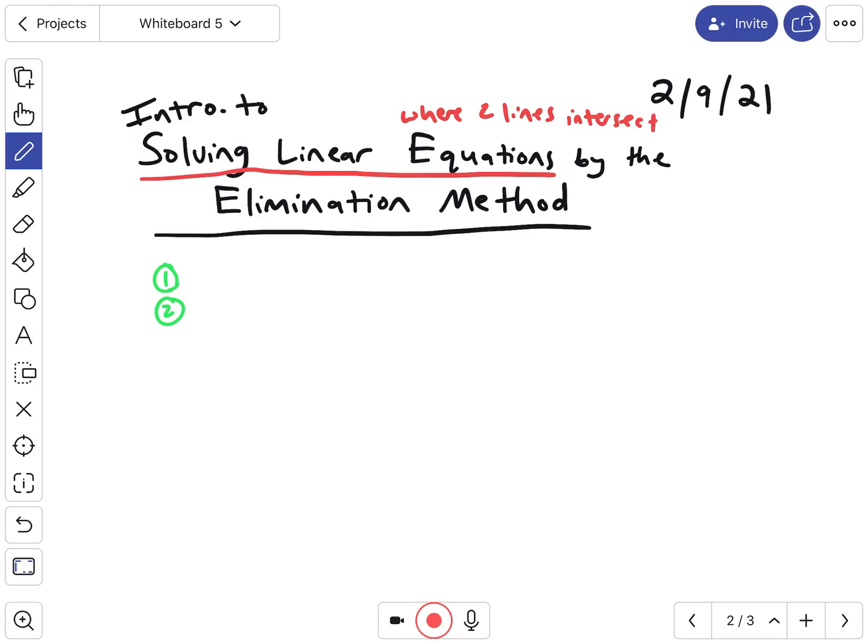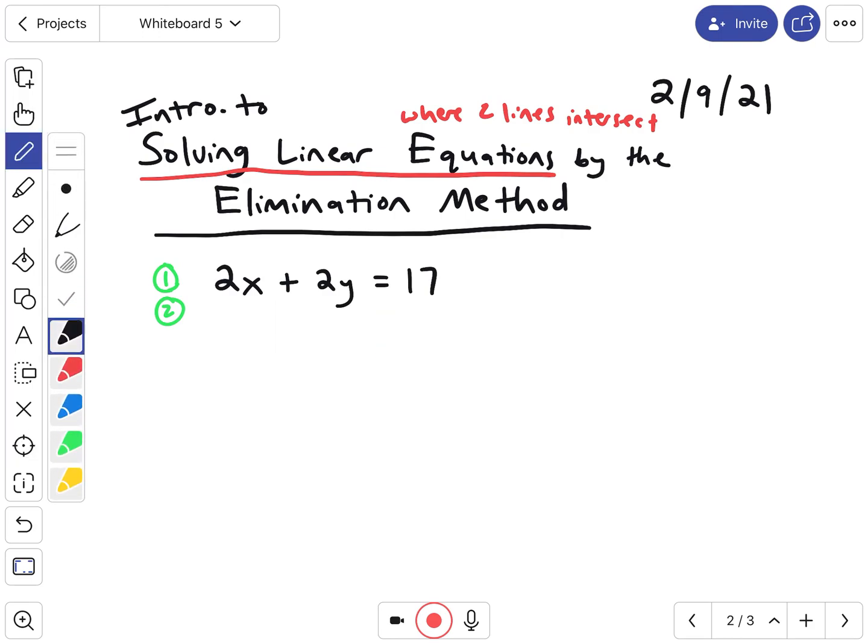So our first equation is going to be 2x plus 2y equals 17. And notice that this is not y equals mx plus b, right? These are in standard form, all right? The second equation is going to be 4x minus 2y equals 7.